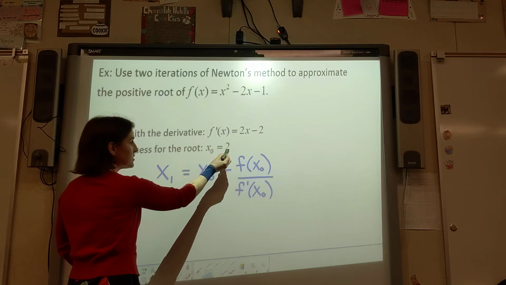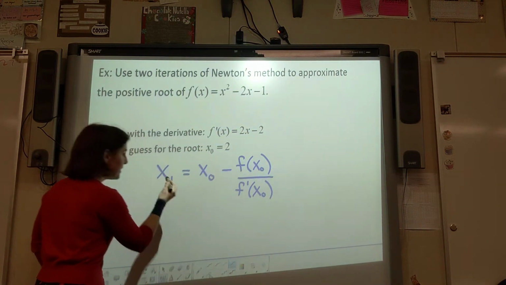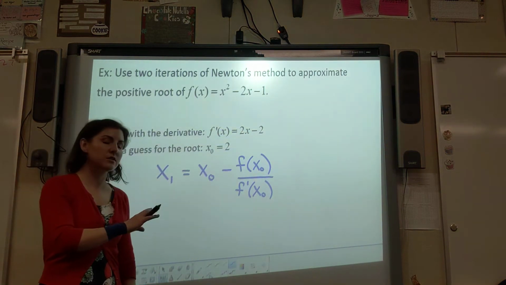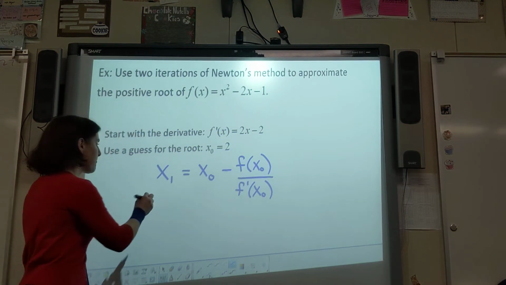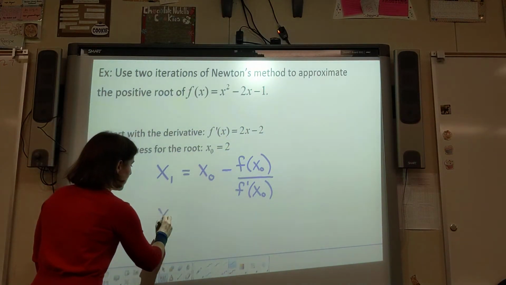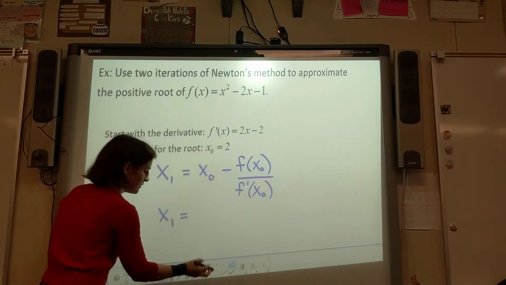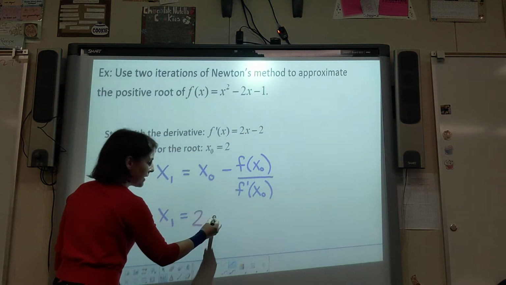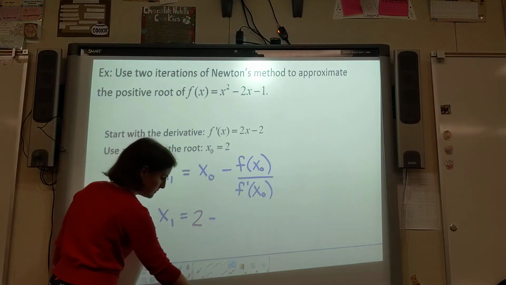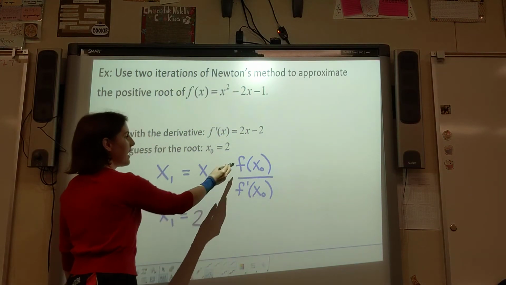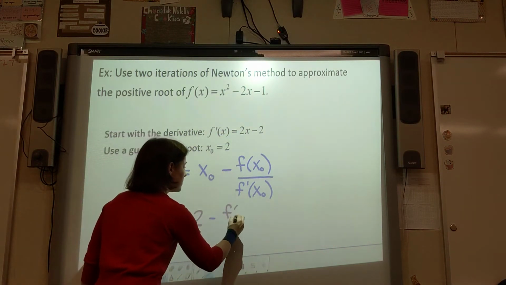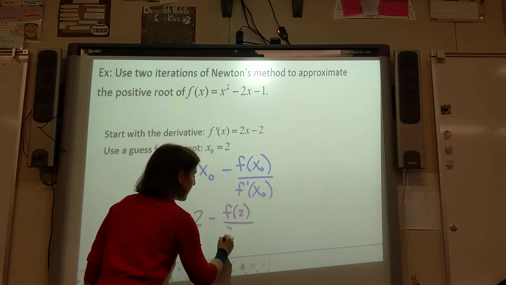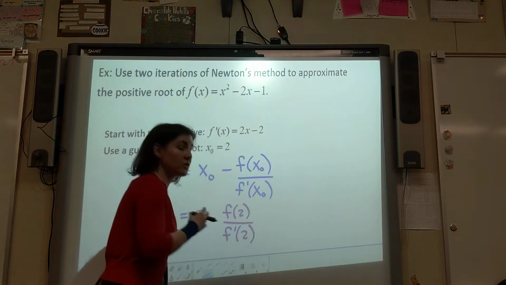So x sub 0 is 2. X sub 1 is the new x value that's closer to the actual 0 that we want to find. So x sub 1 is equal to x sub 0, which is 2, minus f of 2 divided by f prime of 2.